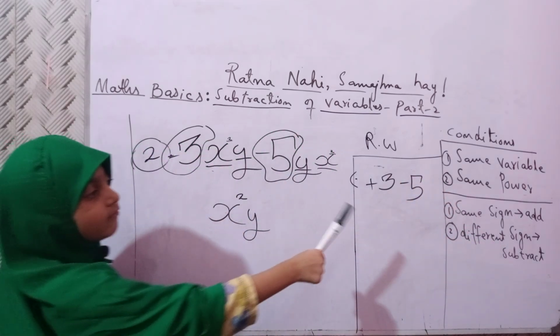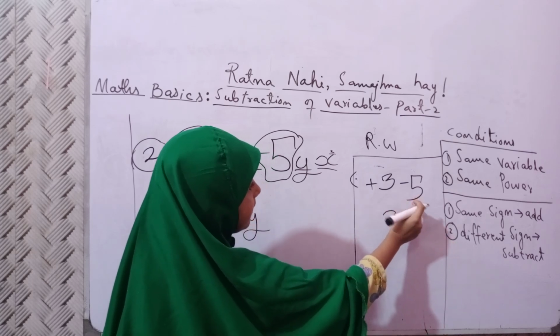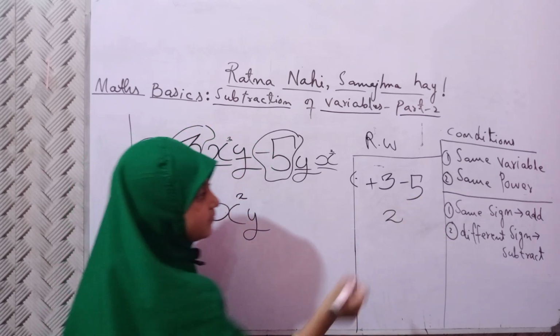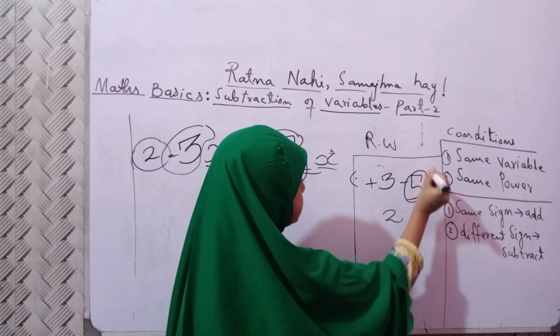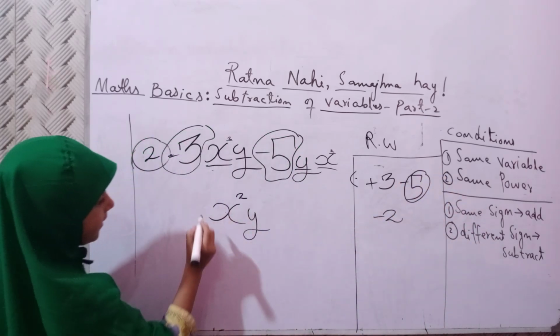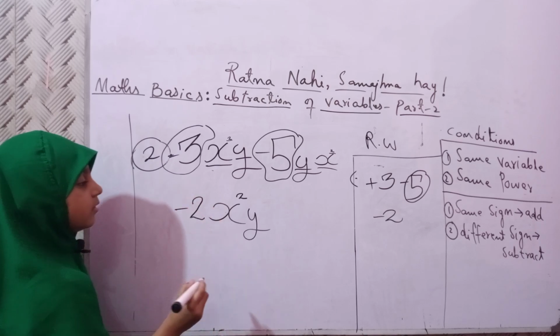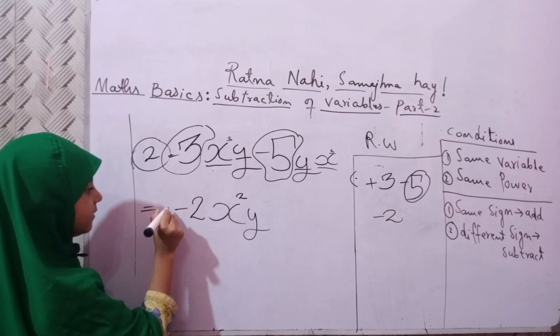Now see, 5 minus 3 is equal to 2. And which is biggest coefficient? This is biggest coefficient. Coefficient has minus, and we will take minus. And again we will come to here and write down minus and 2. Means it is our answer.